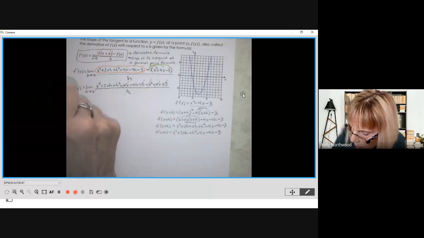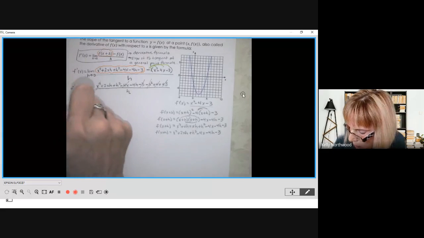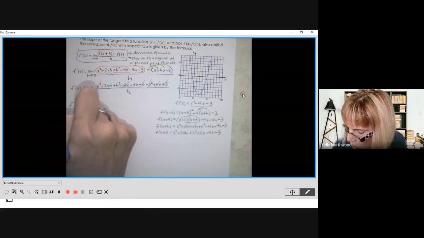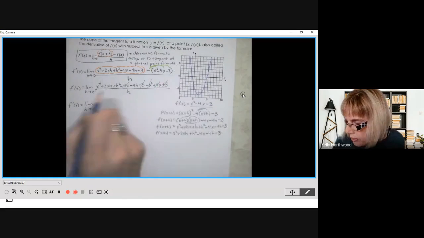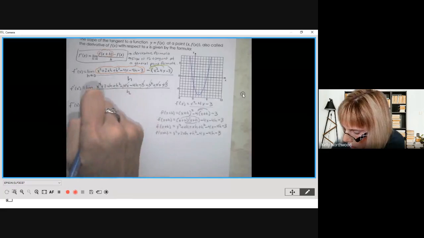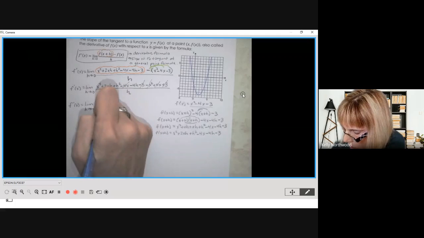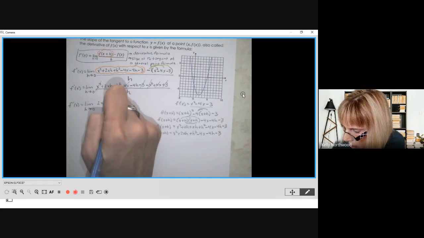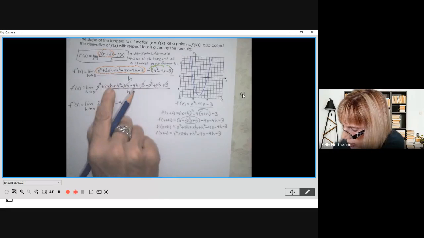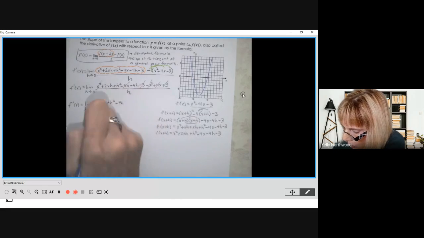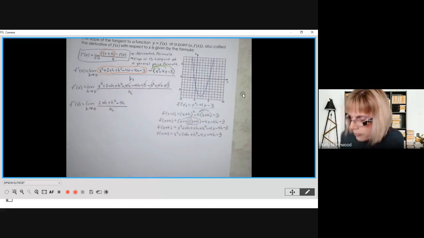So what we're left with in the numerator, and this should happen every time, is that every term should have an h in it because we want to be able to factor that h out eventually. So that's how you'll know if you're on the right track here. So I've got 2xh plus h squared minus 4h, and that's all I've got left, over h.